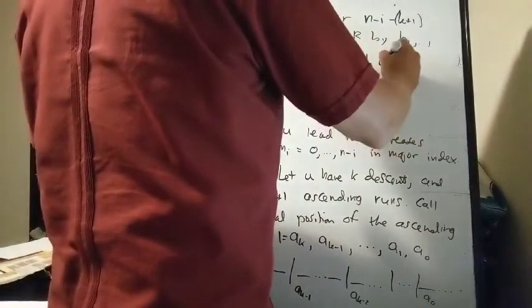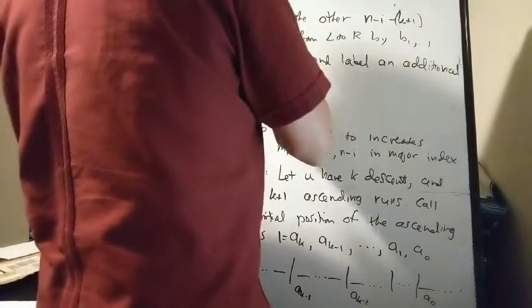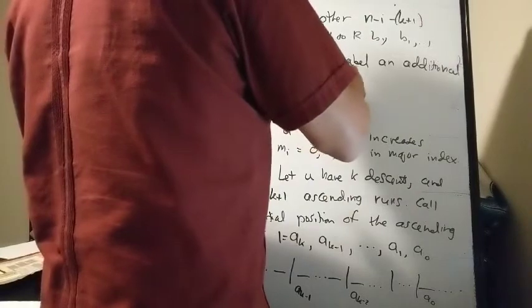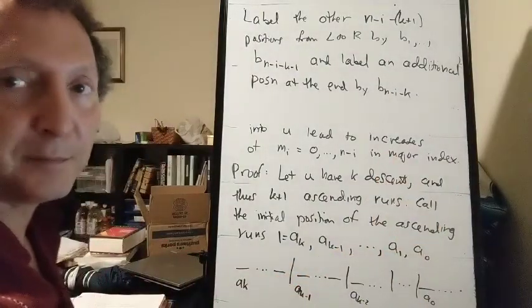And we'll label an additional position at the end by B n minus I minus k. So that's if we insert our new lowest letter after the last letter.